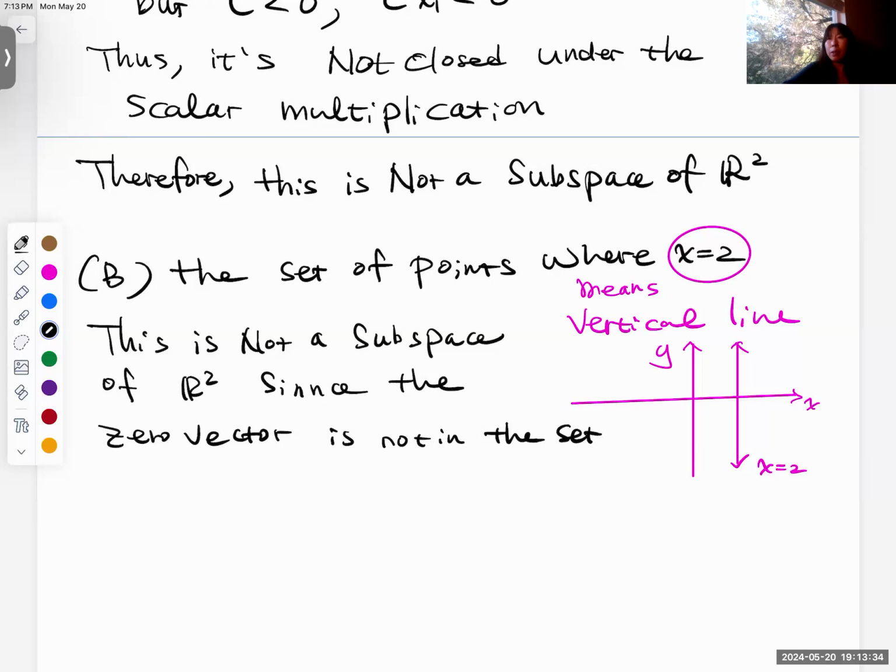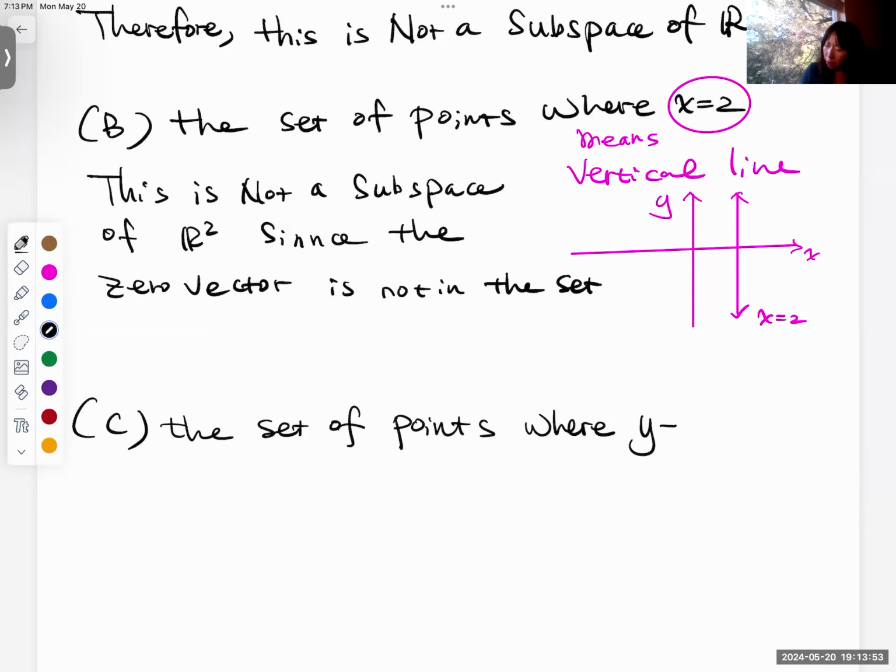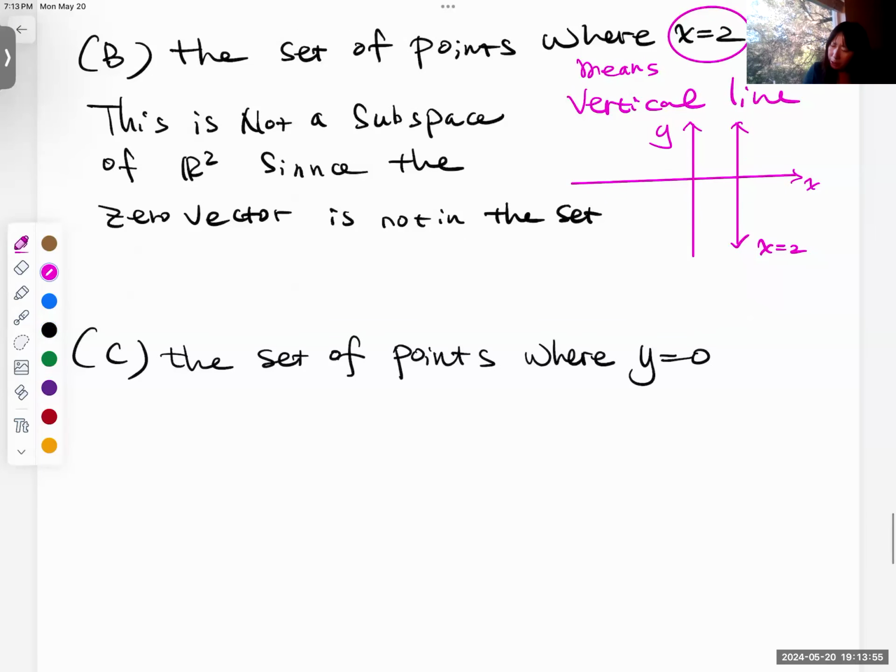All right. How about C, y equal to 0? The set of points where y equal to 0. So y equal to 0 means horizontal line.